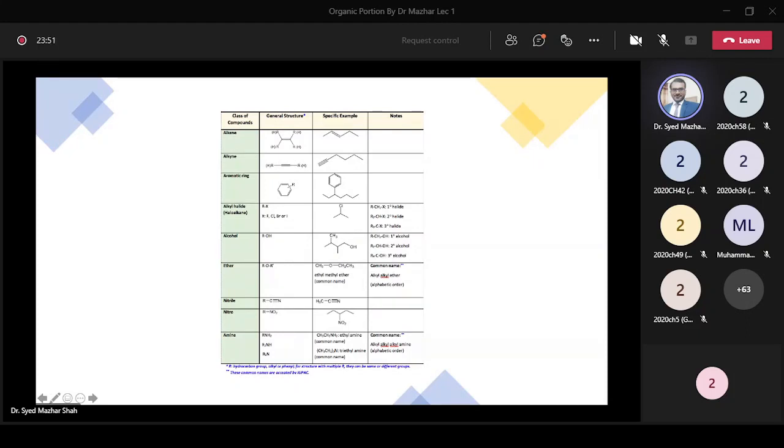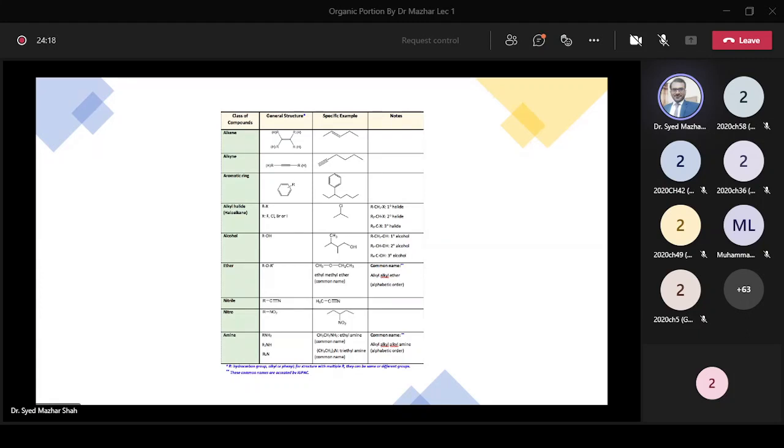If that carbon atom is also bonded to two other carbon atoms and the halogen group, then it's a secondary halide. And if the carbon atom bonded with the halogen group is also attached to three other carbon atoms, then we can say it is a tertiary halide.